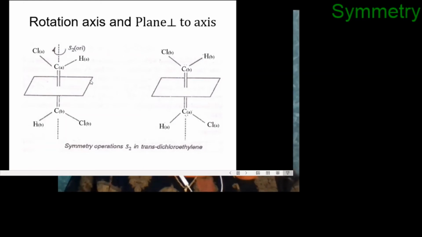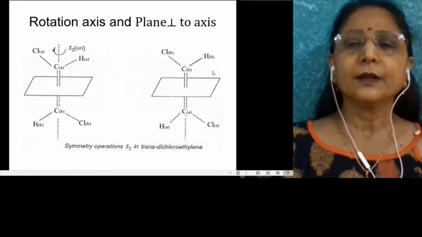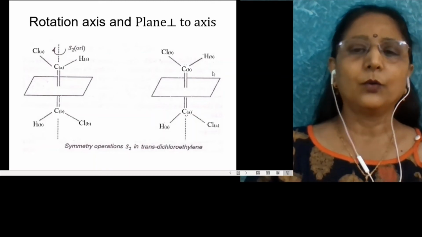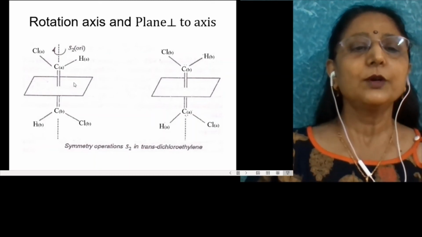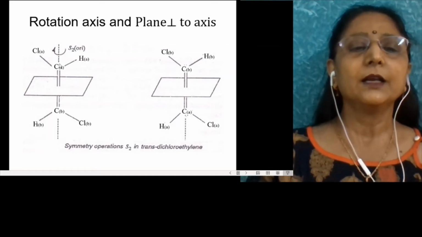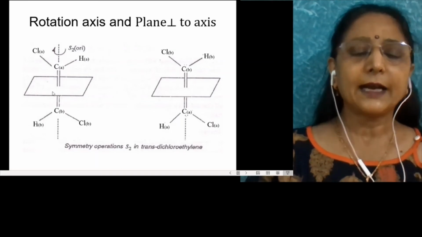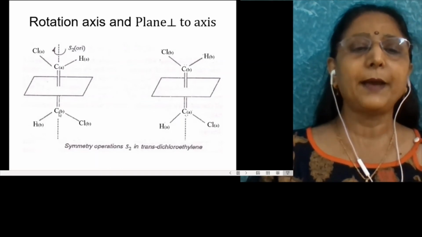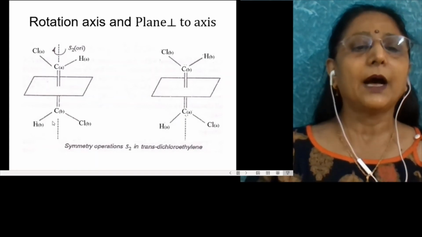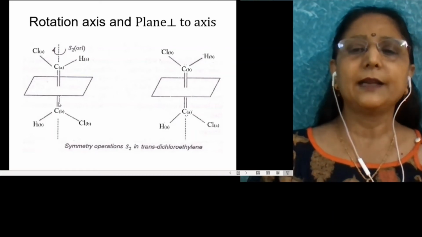Look at the structure. You can observe it in the slide. Now, if you consider this molecule, consider this atom carbon A, along with its hydrogen A and chloride A. At the same time there is another pair: carbon B, chloride B and hydrogen B. Now consider the axis passing through both the carbons like this.